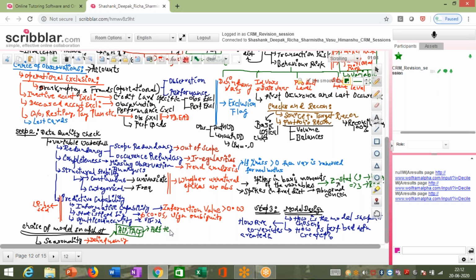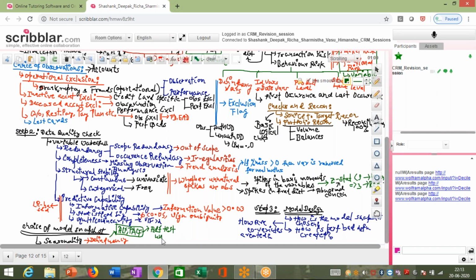It is one of the most important checks that we need to do while we are trying to choose a particular snapshot, right?